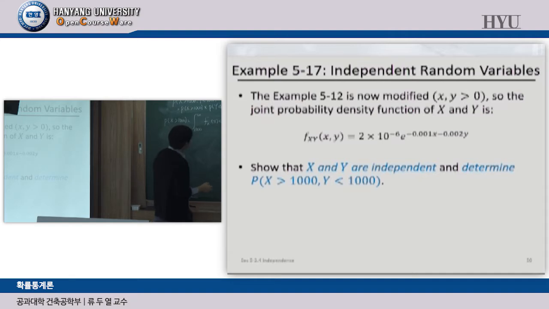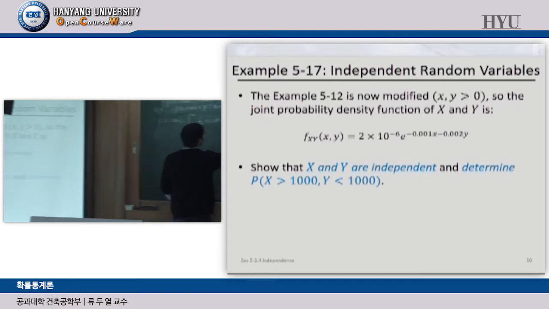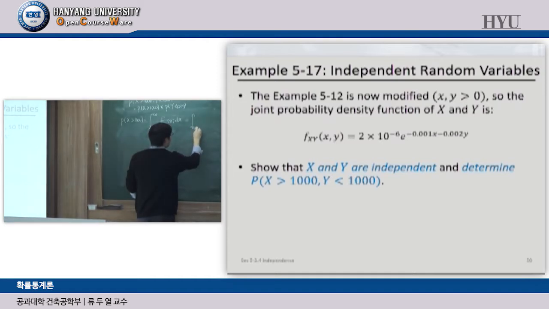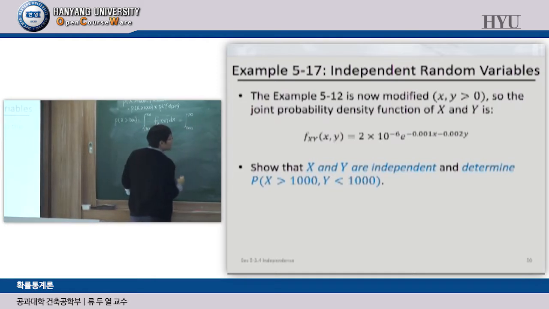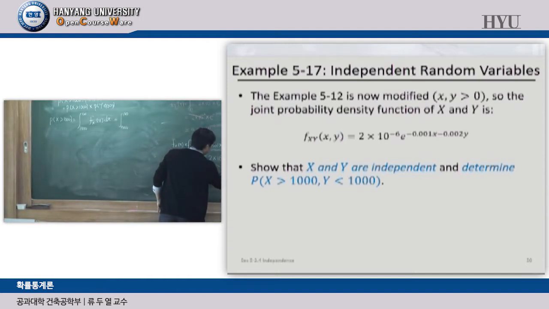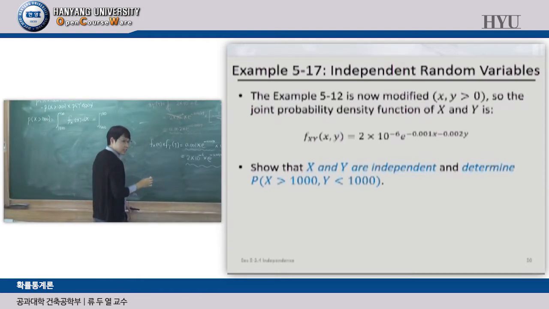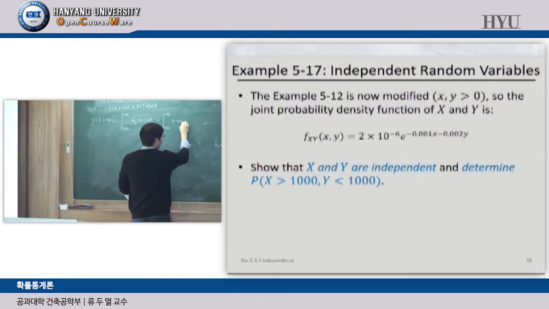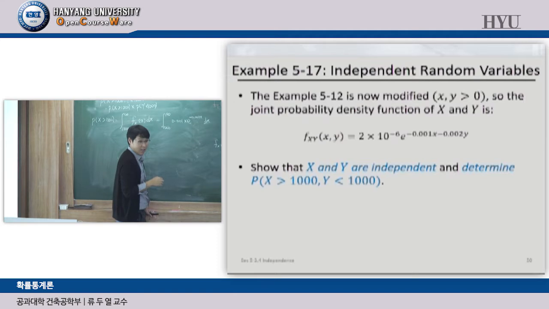So, that is the integration from 1000 to infinite of 0.001 times exponential minus 0.001x dx. Okay?